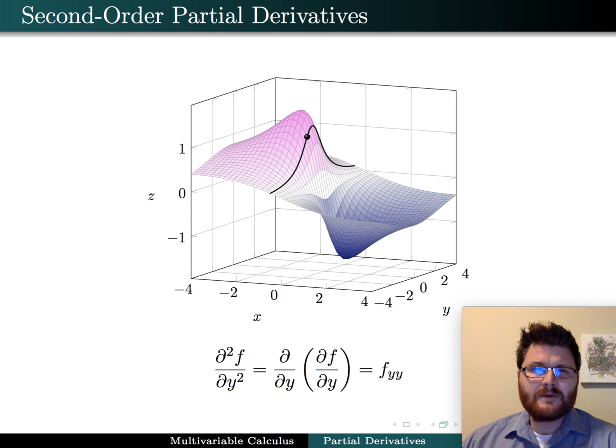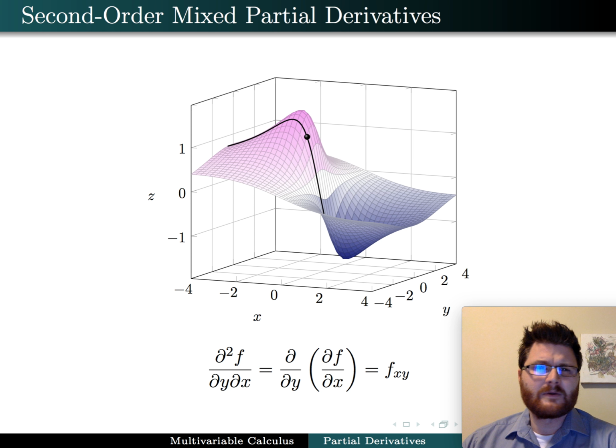But since we've got two independent variables, we can also think about what are known as mixed partial derivatives. So if we take a derivative with respect to x, where we fixed y, we look at how changes in x affect the value of the function.